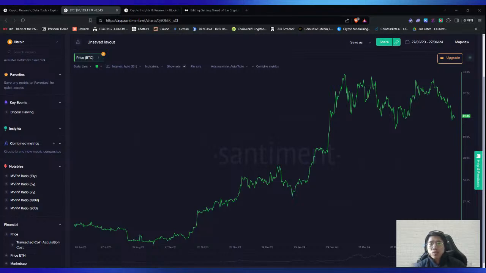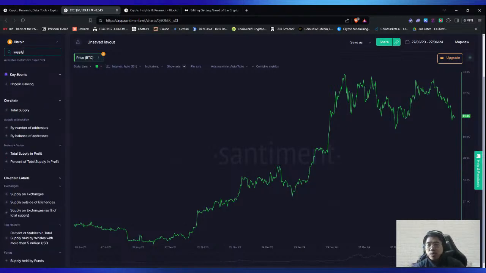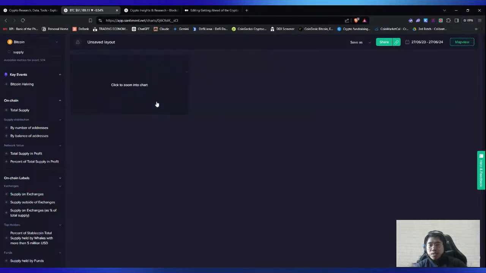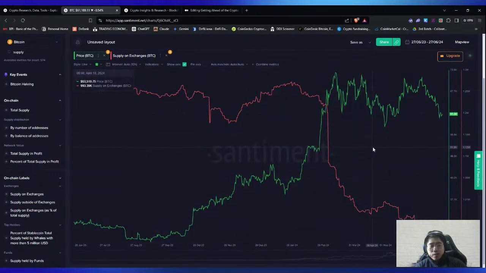So the next task would be to identify the metric that we would use along with price. The first metric that I would like to use would be the supply on exchanges. So let's click apply and then zoom into the chart. Supply on exchanges is actually a measure of the amount of assets being held on centralized exchanges or even decentralized exchanges.